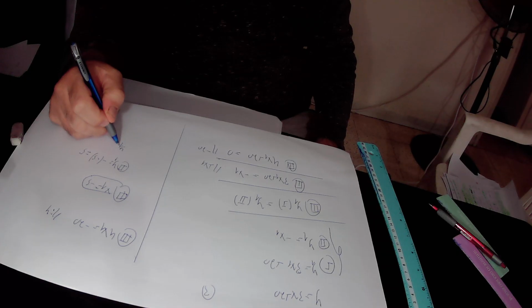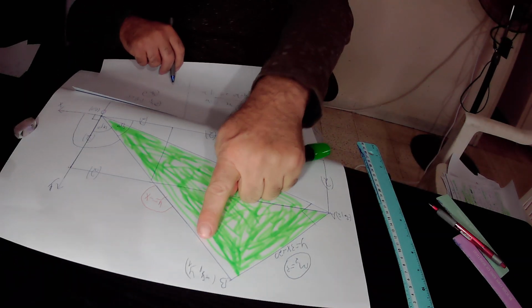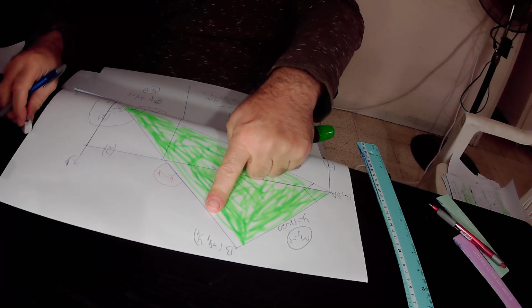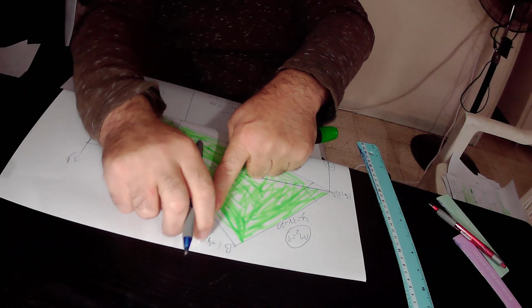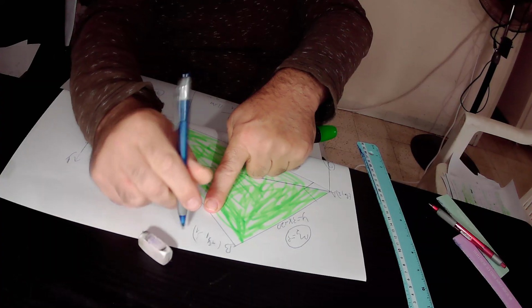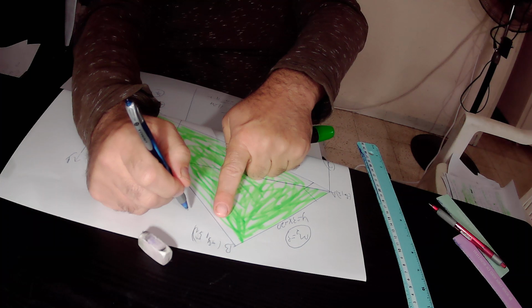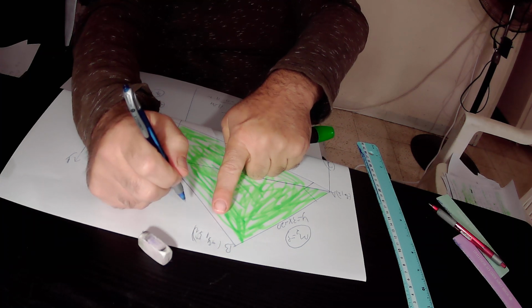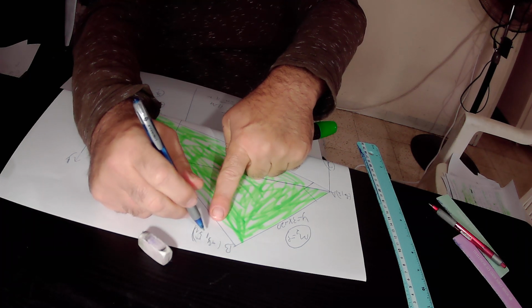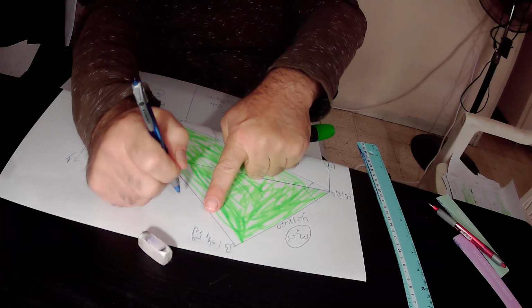So y1 equals 5. In total, we found out that the coordinates of point B are minus 5 and 5. The coordinate x equals minus 5, and the coordinate y equals 5.